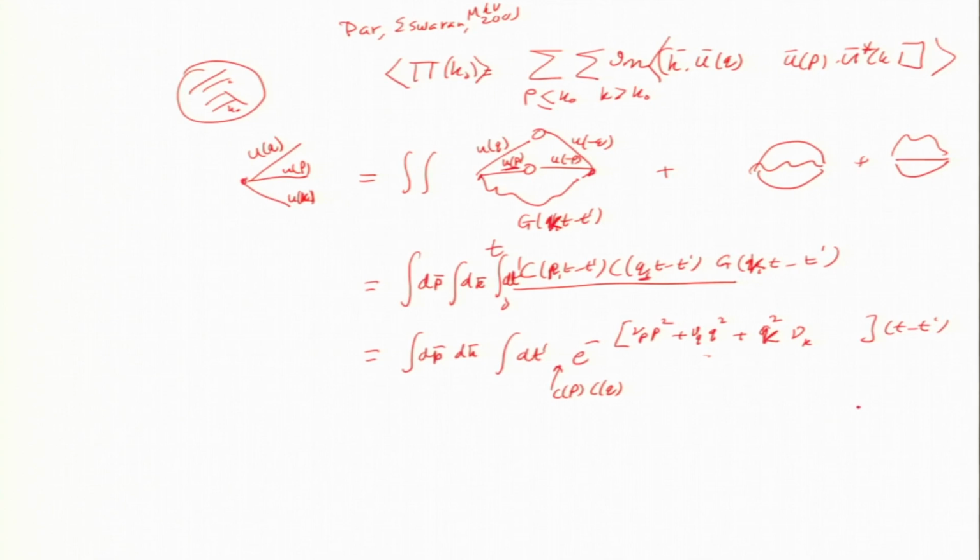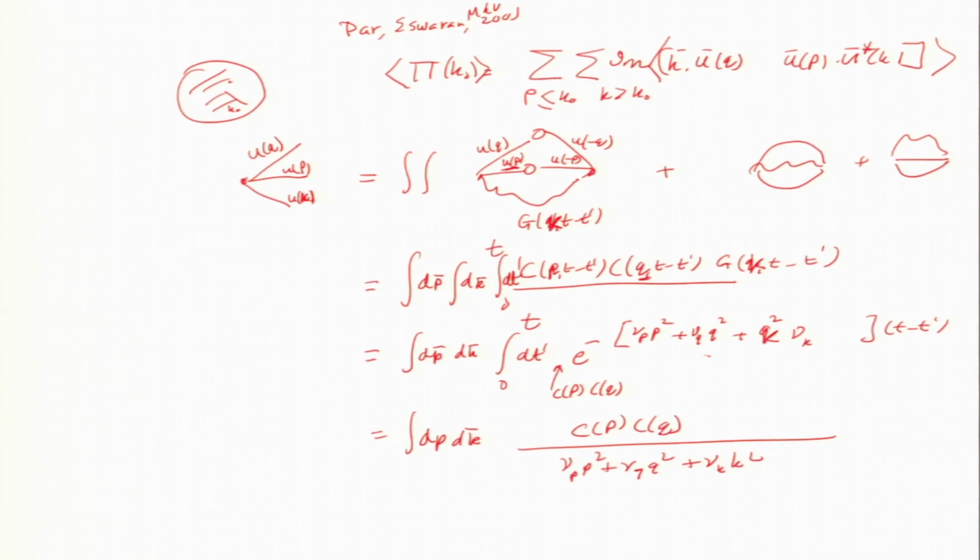Okay. If I integrate over time, what will I get? Like before, dp dk. The integral always gives you in the denominator nu p p squared plus nu q q squared plus nu k k squared, and C p C q, and there will be some prefactors.